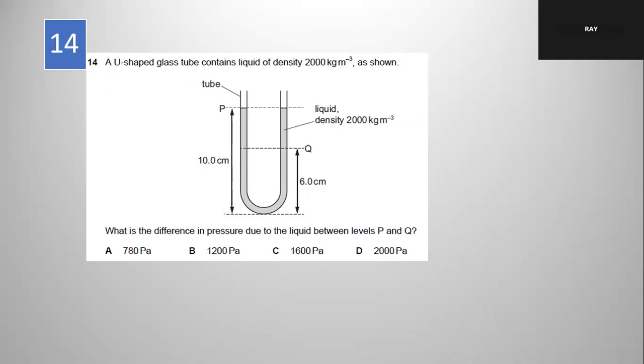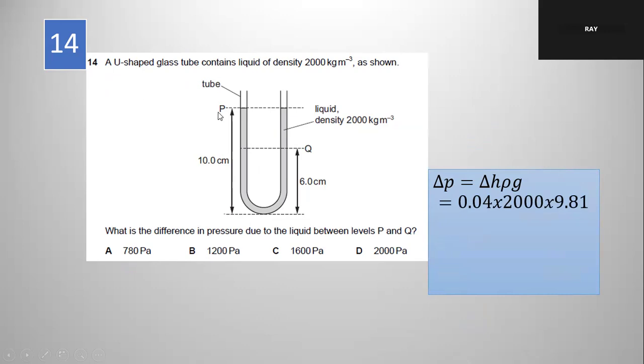What's the difference in pressure due to liquid between level P and Q? Pressure difference between these two levels is delta h rho g.